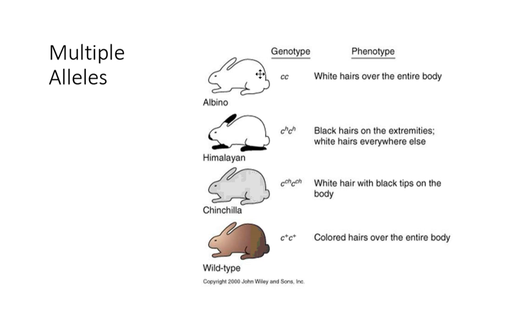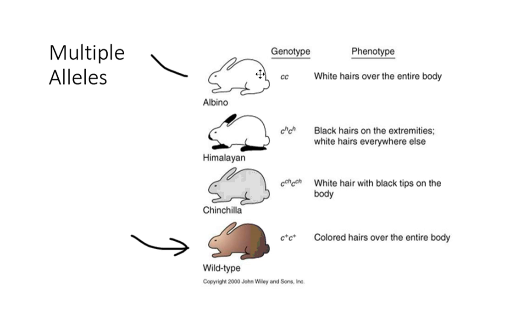Some other non-Mendelian traits are multiple alleles. This is when one gene has more than two allele possibilities. And so we've been dealing with just two allele possibilities, like short, tall. But there are other situations when a gene can have multiple alleles associated with it. And this usually results in a hierarchy of dominance. So like here in rabbits, the wild type rabbit down here at the bottom is the most dominant.